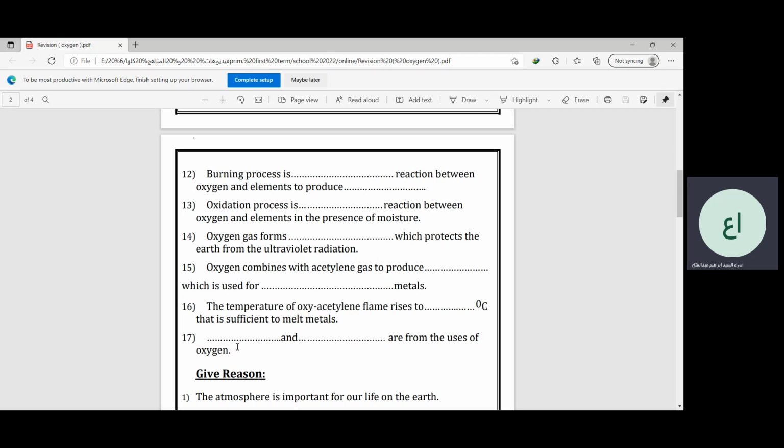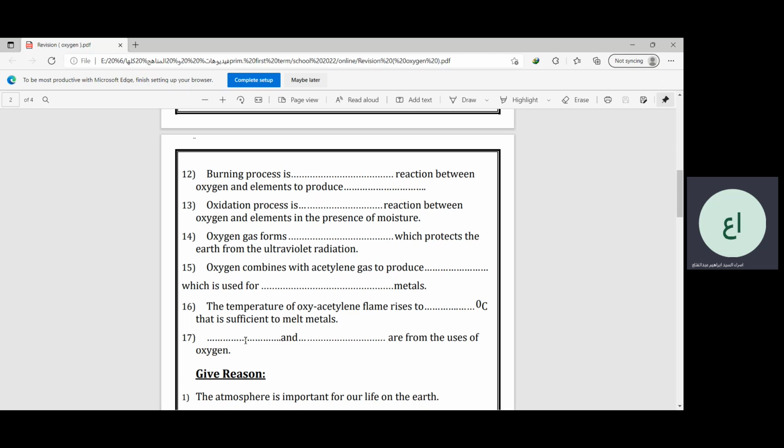Number 17. From the uses of oxygen. أنا بستخدم الأكسجين في إيه؟ أنا بعمله compressed في إيه؟ iron cylinders. يبقى هنا بستخدمه في الأيرون cylinders. أوكي. طيب بستخدم الأيرون cylinders في إيه؟ in mechanical ventilation. أوكي.